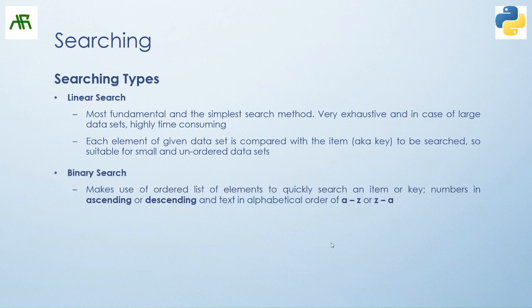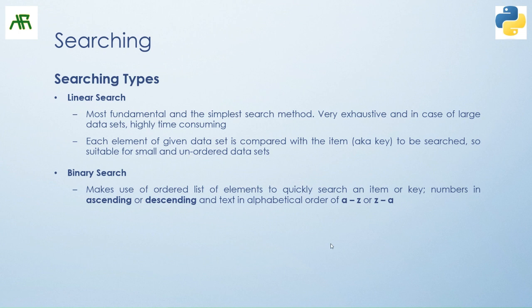Binary search. Binary search makes use of an ordered list of elements to quickly search an item or key. The most important aspect, or a prerequisite, for binary search to work is having an ordered set of elements, either ascending or descending, or alphabets sorted in alphabetical order A to Z or Z to A, one way or other.